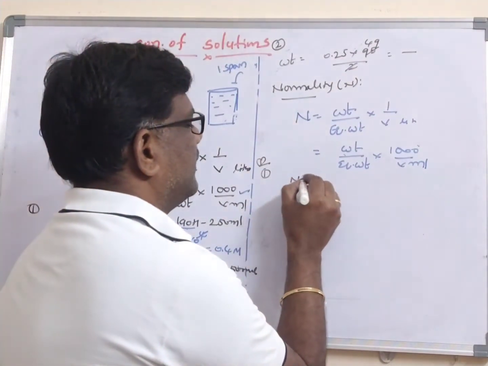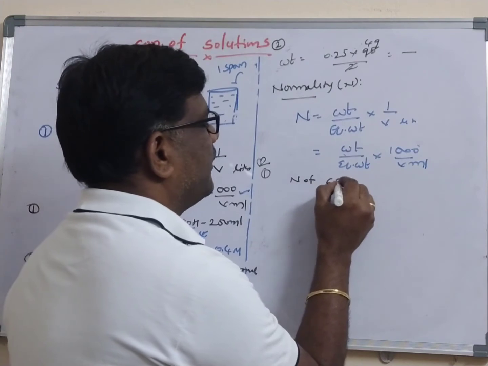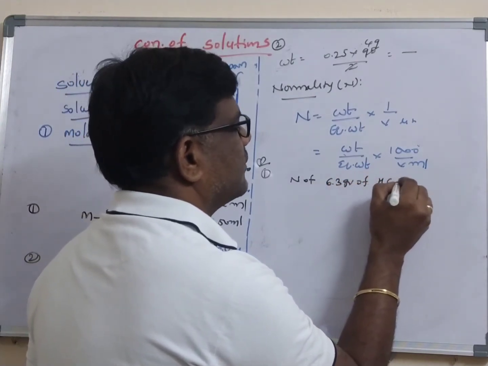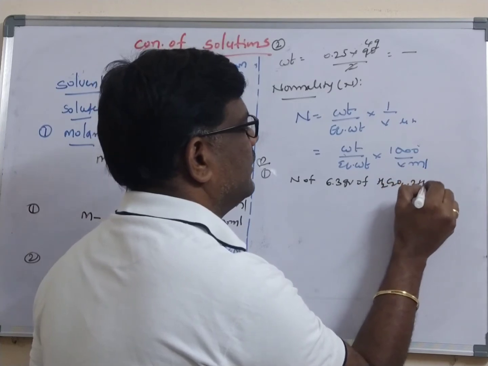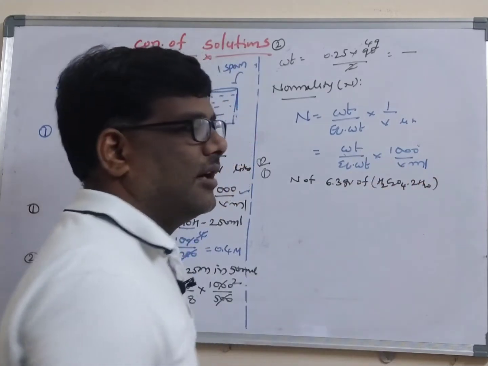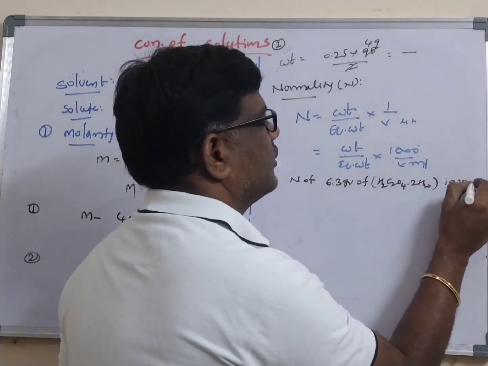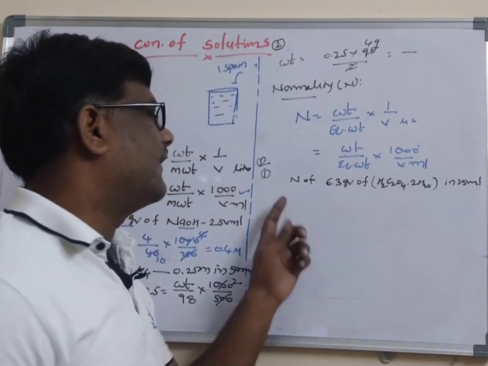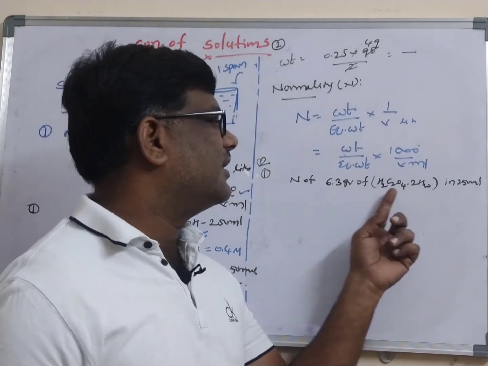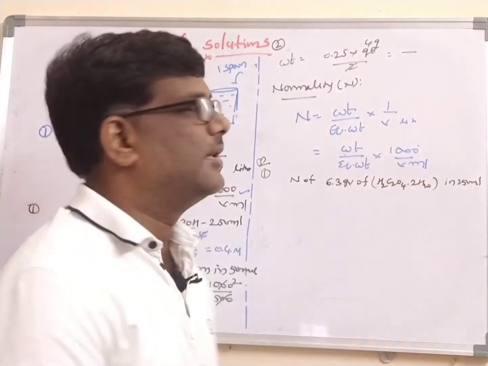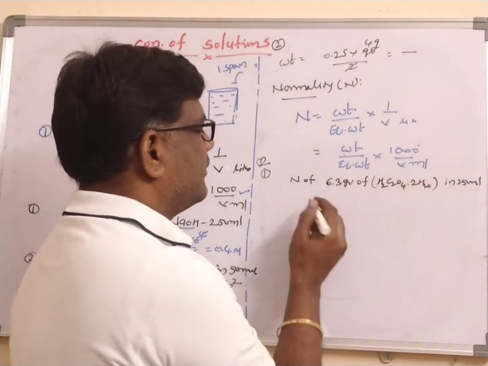Calculate the normality of 6.3 grams of oxalic acid, H2C2O4.2H2O, hydrated oxalic acid, present in 250 ml solution. The ml is given, that's why you have to use this formula.